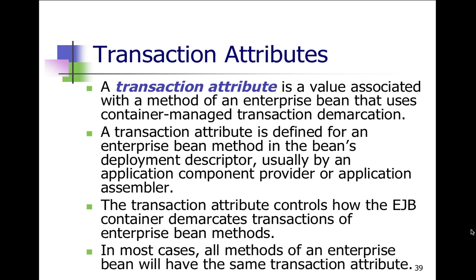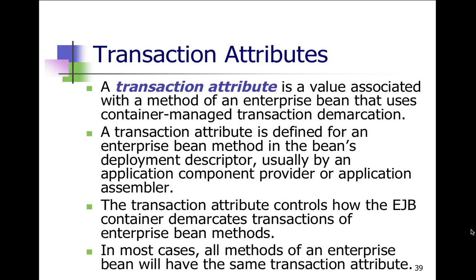A transaction attribute is defined for an enterprise bean method in the bean's deployment descriptor, usually by an application component provider or an application assembler. The transaction attribute controls how the bean container demarcates the transaction.